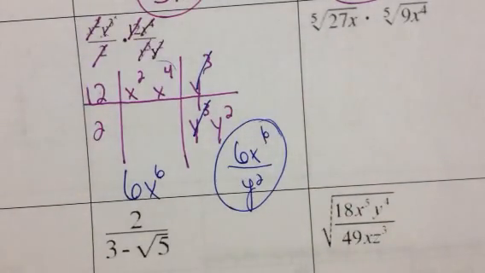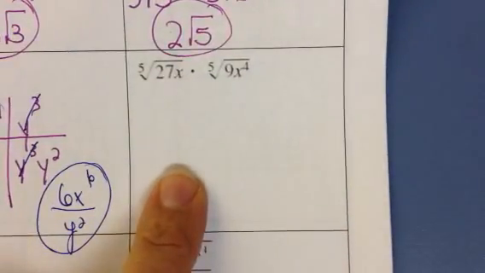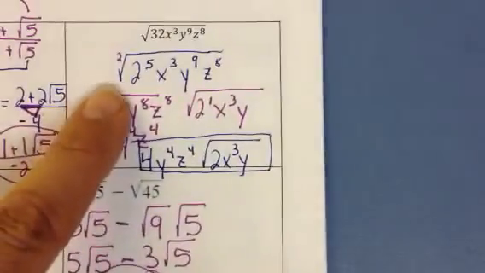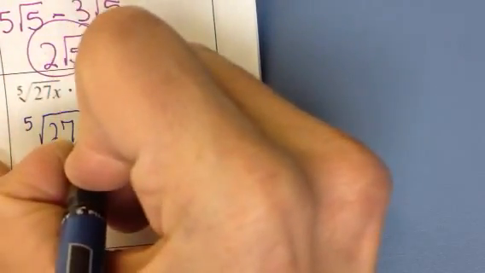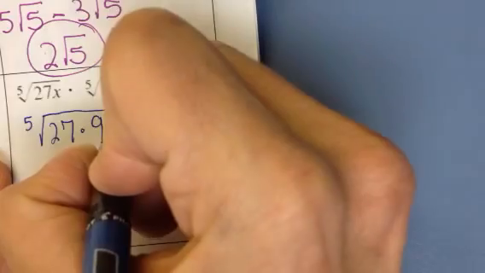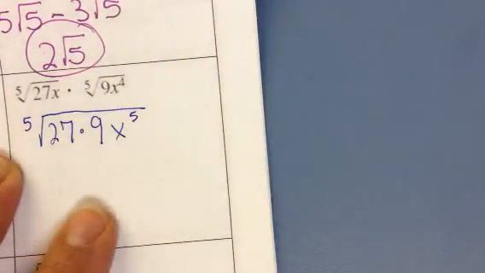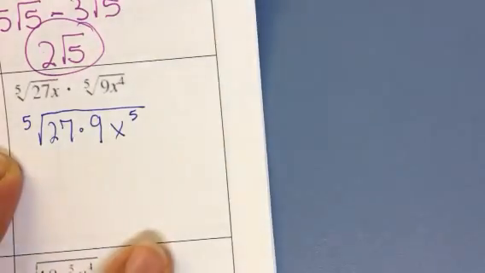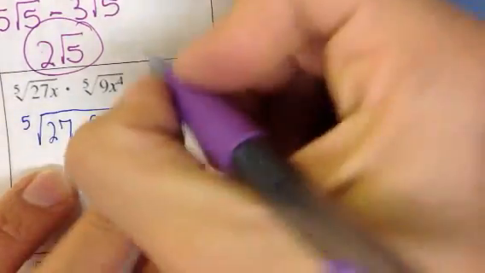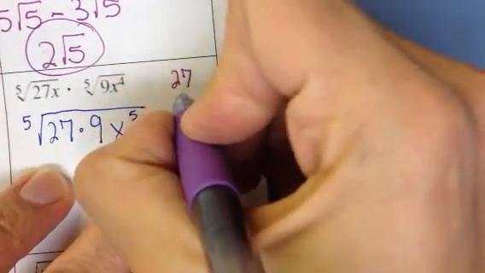All right, so this one, what I'm going to do is make this problem look more like this problem. So the first thing is just multiply them. I'm not going to multiply 27 and 9 because I'm just going to have to break them into factor trees anyway. But I can combine the x's into x to the 5th. So what I'm going to do instead is, and again, you can multiply 27 and 9 and then make a factor tree of that, but I'm going to make a factor tree of 27.